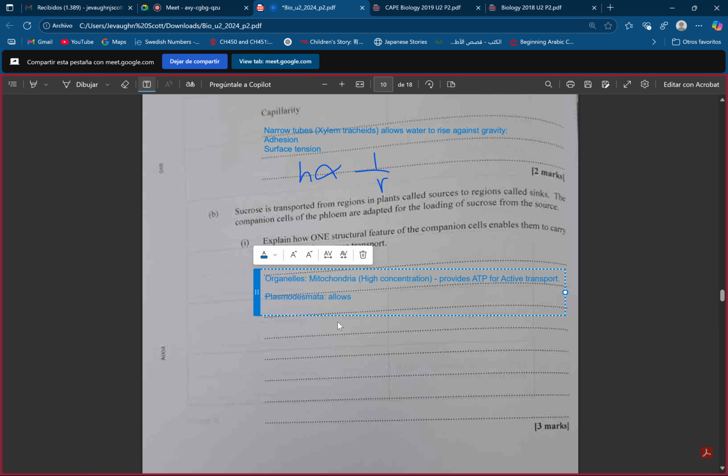Okay, so it allows numerous pathways, looking at the simplistic pathway. So it allows simplicity or simplistic movement. But it also allows a direct pathway.